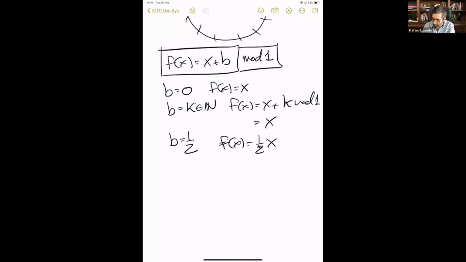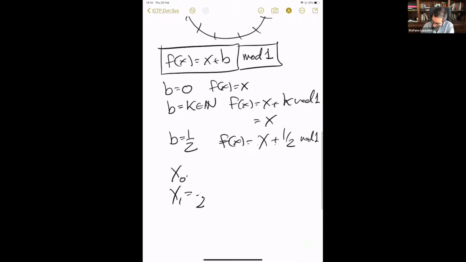So what happens when b equals 1/2? We have x naught, then we have x1 equals x plus 1/2 mod 1. So we have x naught, and then we have x1 equals x naught plus 1/2.